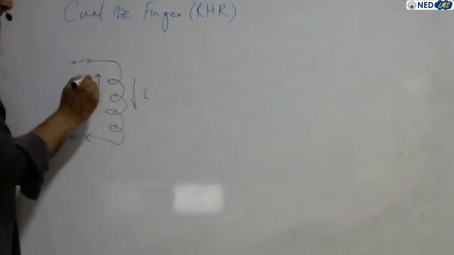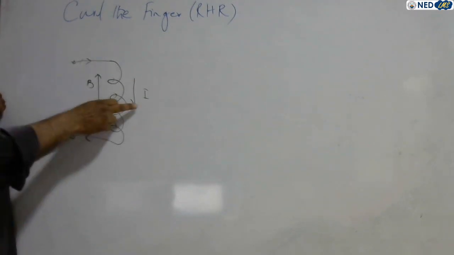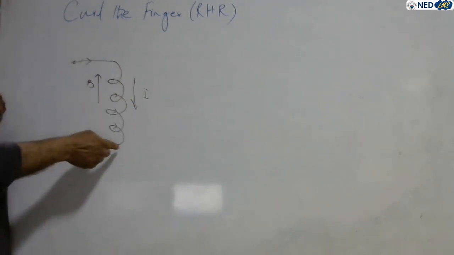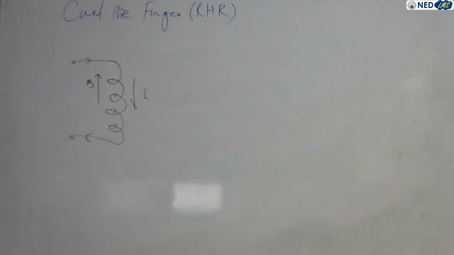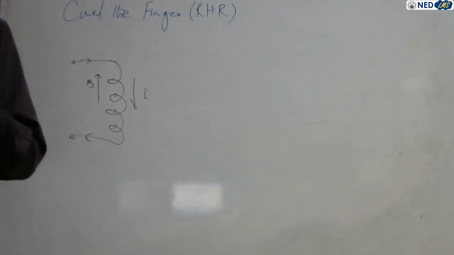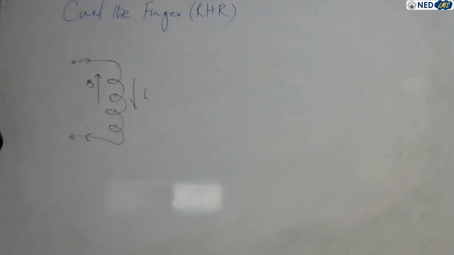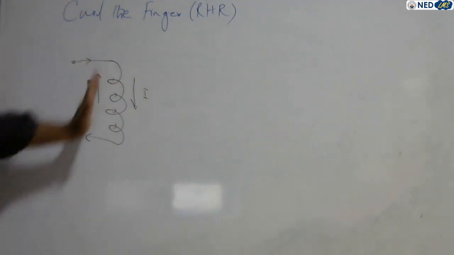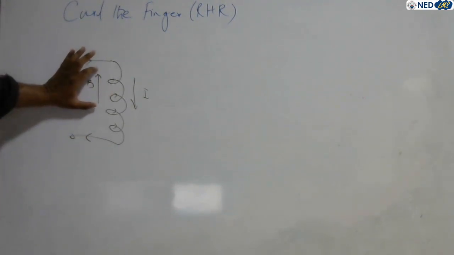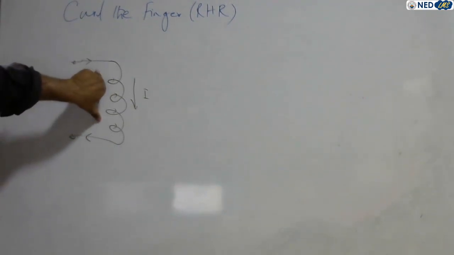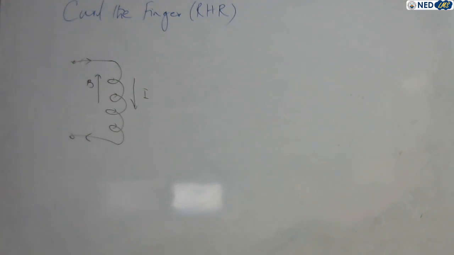This is B, the magnetic field, and this is current. Current goes downwards, magnetic field goes upwards. The example is the same as a car: if the car goes forward, the smoke of the car goes backward. Current goes downward, the magnetic field direction is upward, meaning the magnetic north pole is over here and the south pole is over here. Now reverse the current direction.